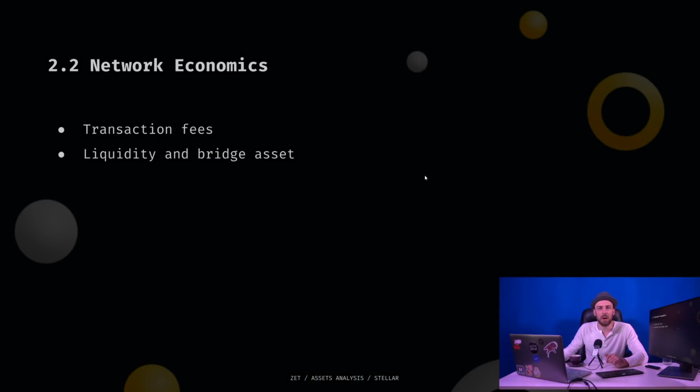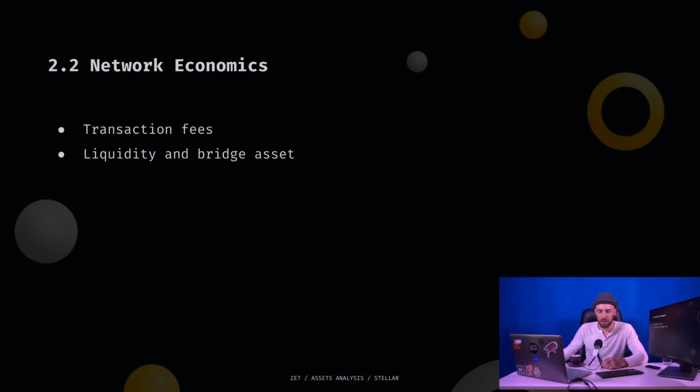Network economics is the next metric that we analyzed. To be brief and to let you understand what the economic model is, what the business model behind Stellar is, how they develop value for the lumens, the native tokens, there are actually two streams. The first is transaction fees.